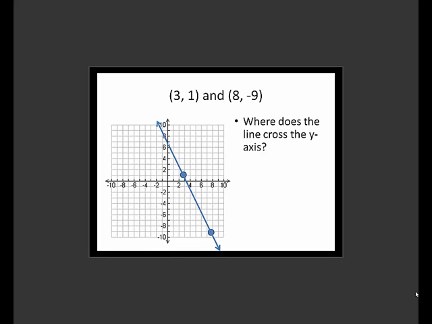It crosses right there. I have an arrow. Bam! And what's the coordinates of that point? At (0, 7). Didn't we see that in the table? We did. When x was 0, y was 7. It's the same information. Instead of it being tabulated with some numbers, it's a picture on a graph.